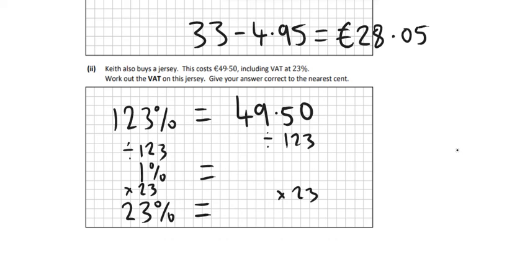And yeah, we're getting a big long decimal. So I'm just going to put in what it says on the calculator here, which is 33 over 92. And then straight away, on your calculator, times that by 23. And we get 9.26 when you round it off. And then that has to be the amount of VAT, so 9.26. Give your answer to the nearest cent. So that's it. That's question 10. And that's the whole paper done.